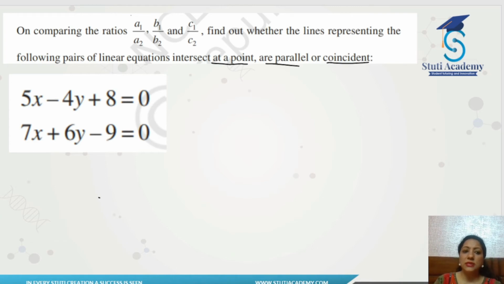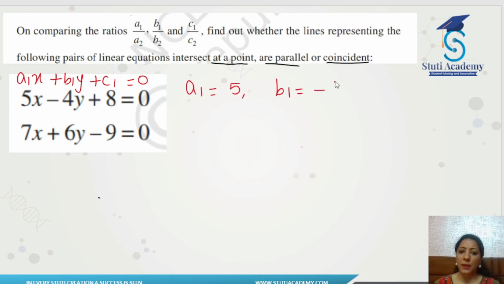So, we are going to take these two equations. The first step is we are going to compare this with a1x plus b1y plus c1 equal to 0. So, we'll get a1 as 5, b1 minus 4, c1 8. Now, we'll compare this with a2x plus b2y plus c2 equal to 0.